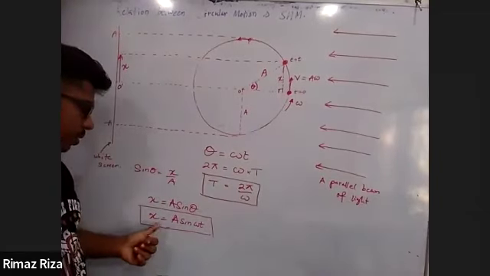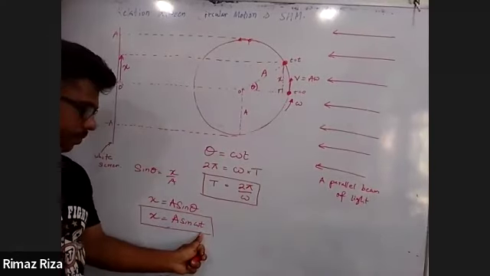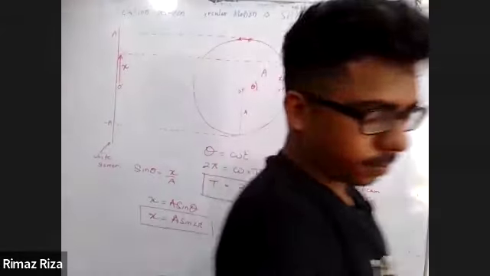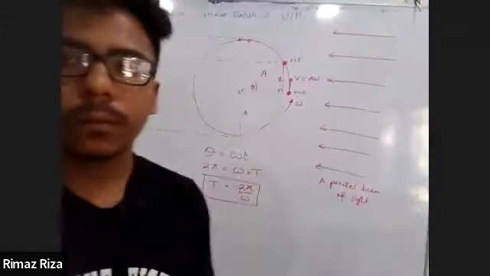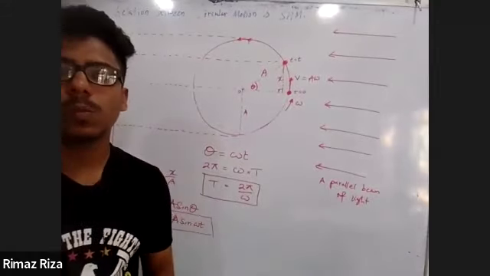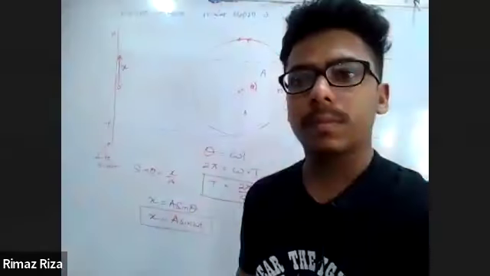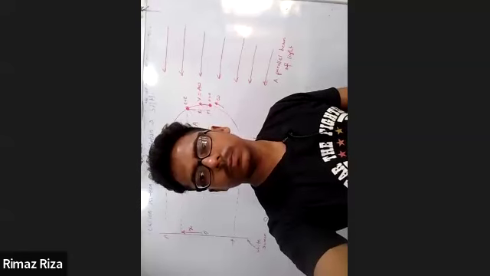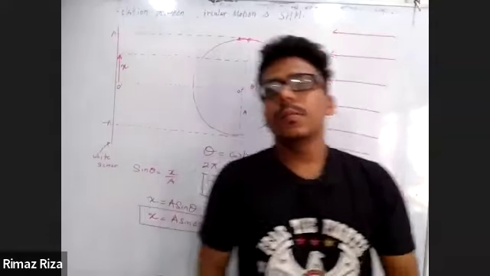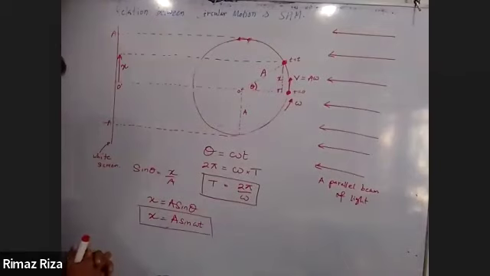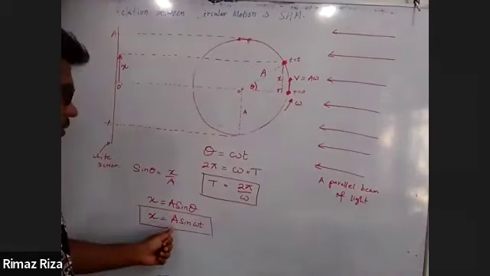You can use this formula to find the displacement after any time. Write down: x equals A sine omega t.